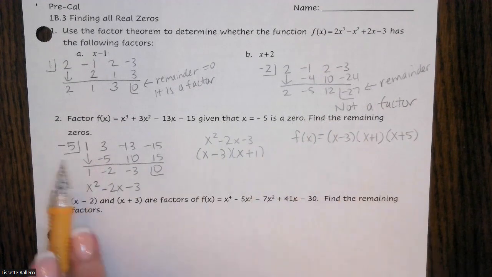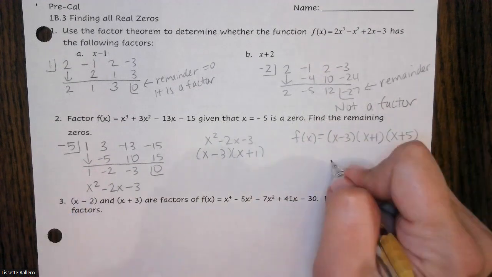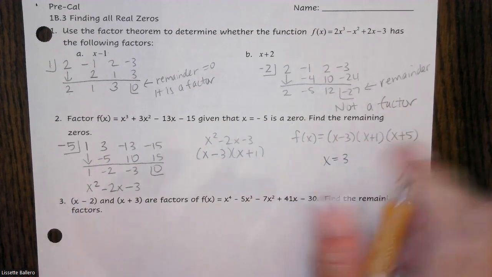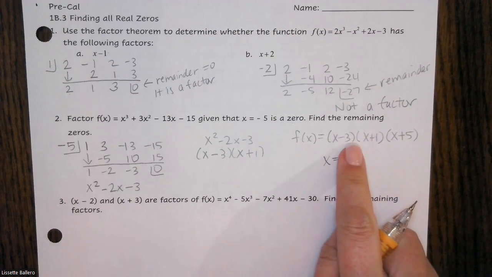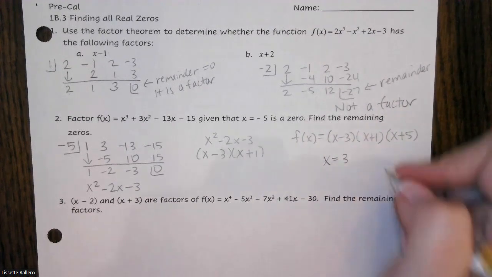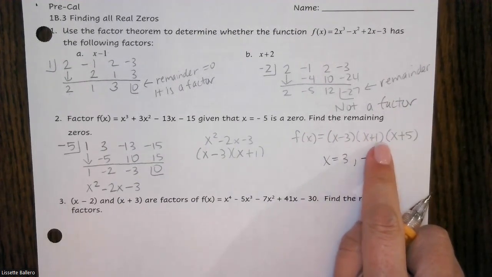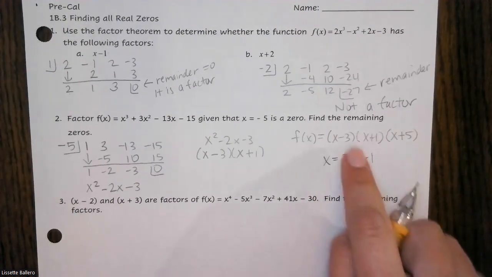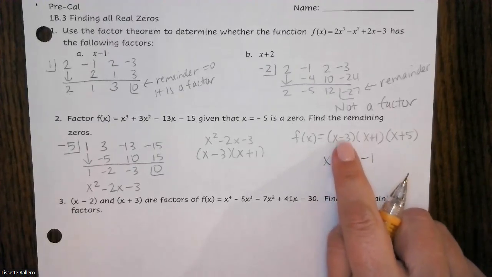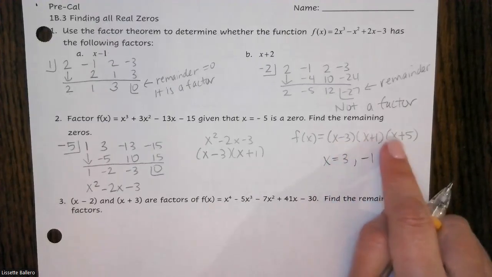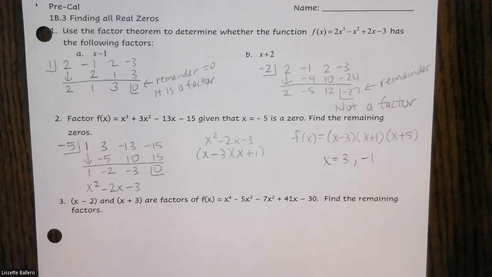Now the question said, though, find the remaining zeros. And so x equals 3 would be a 0 because 3 minus 3 makes that first parenthesis 0. And -1 would be a 0 because -1 plus 1 makes that 0. Remember, our factors are always written as x minus my first root, x minus my second root, x minus my third root there. That's how you get those.